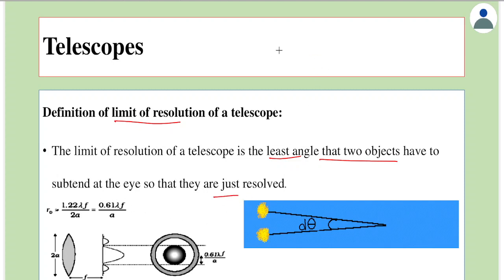That is, as seen here, if there are two faraway objects, say like two stars, let us call the stars S1 and S2. Somewhere here, we use an optical instrument like a telescope.